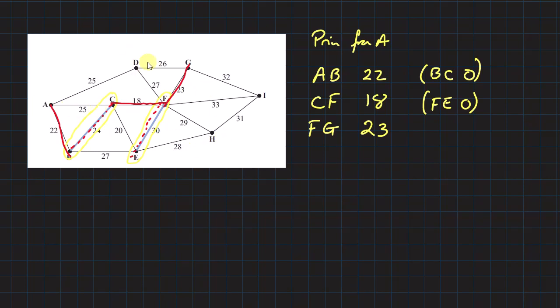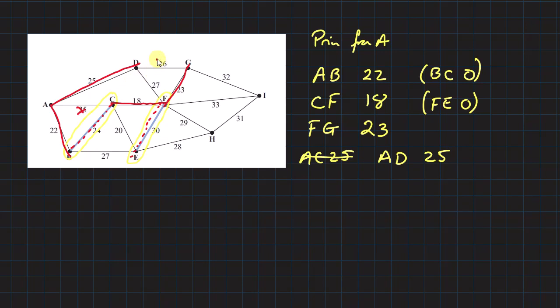Connecting up again, AD is 25. I think that's the cheapest AD. I wouldn't do AC because it's a closed loop. So we go AD for 25. Next cheapest one, can't do the 26 or the 27 from there because both of those would connect to G and it will give us closed loops.